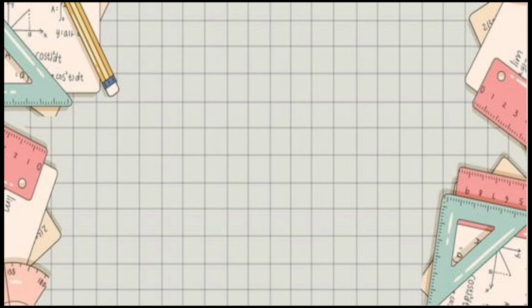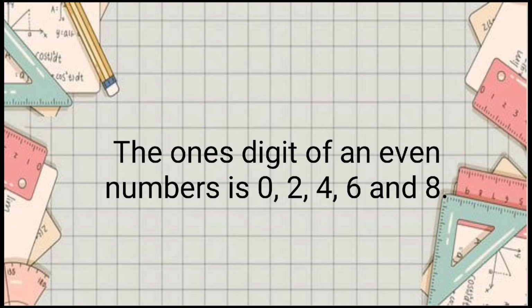So the ones digit of an even number is 0, 2, 4, 6, and 8. They all end in 0, 2, 4, 6, and 8. I have here an example. 20 ends in 0.